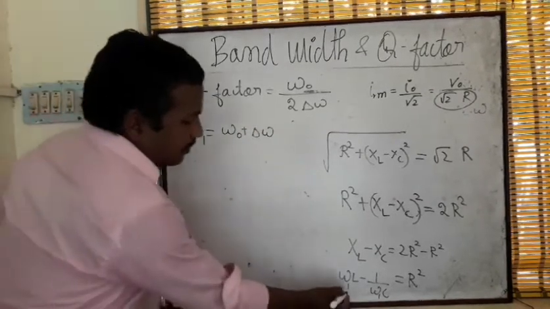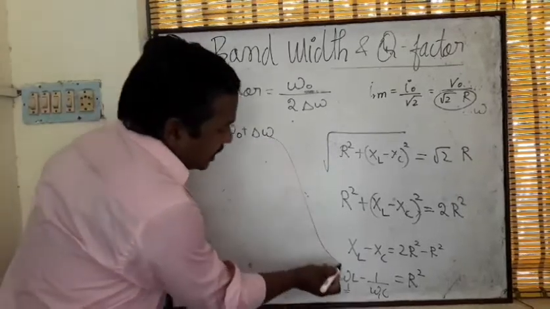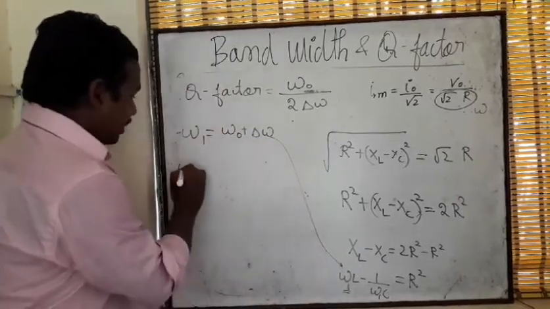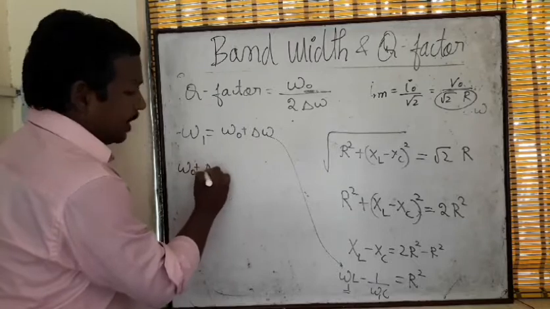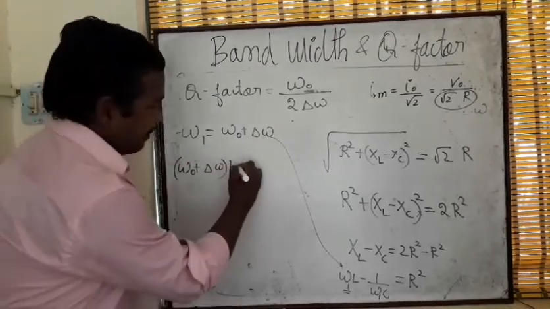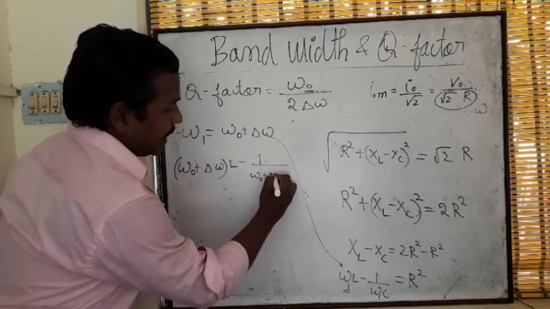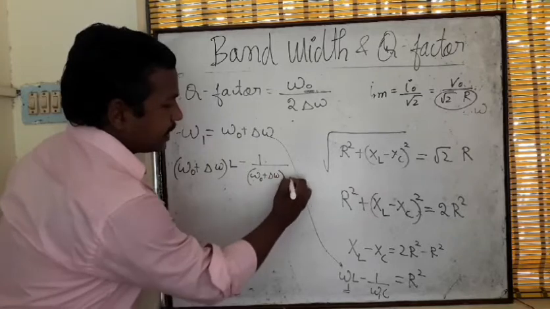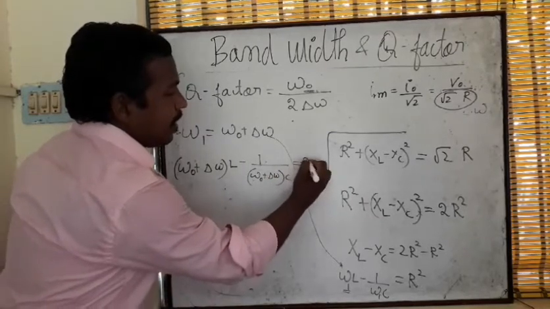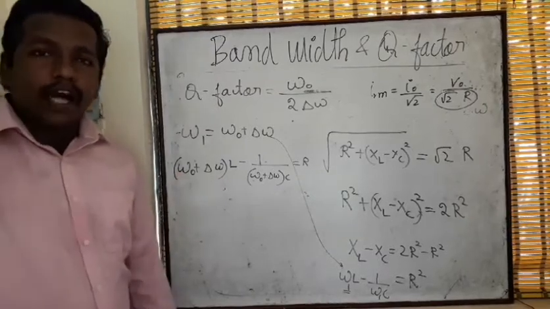So instead of writing omega 2, I am going to substitute this in this equation. So I am going to get (omega naught plus del omega) times L minus 1 divided by (omega naught plus del omega) times C is equal to R. In this equation, I am going to take omega naught outside, multiplying and dividing by omega naught.